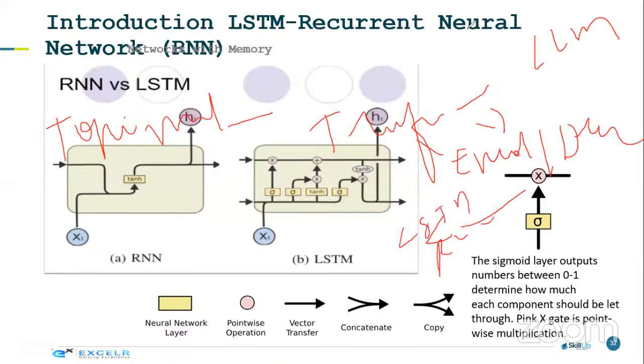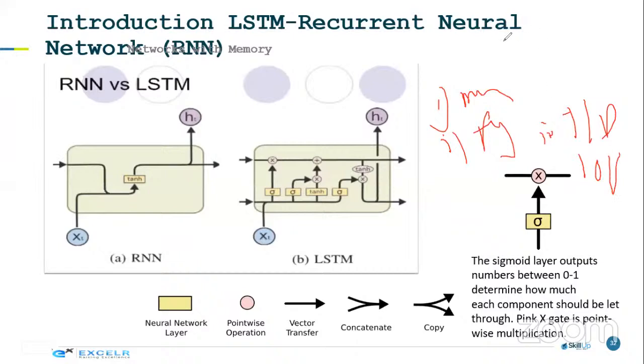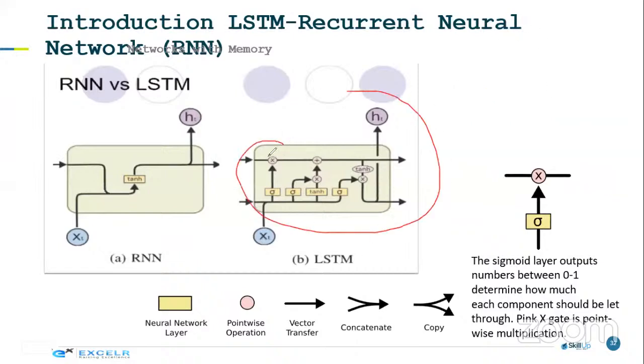All these operations are happening there in a complex way, so I will tell you one by one. I told you there are 4 parts: memory, forget gate, input, and output. Try to understand what each is, and together they make up the entire LSTM cell.